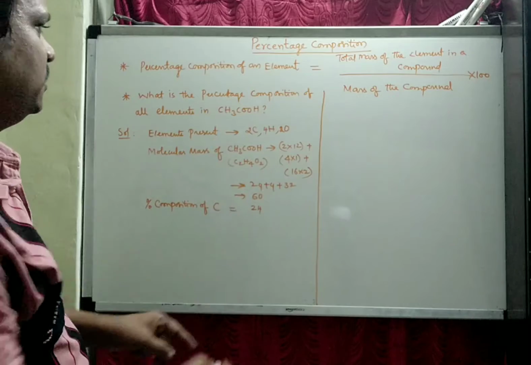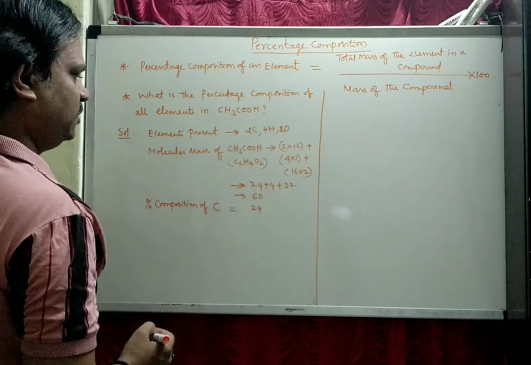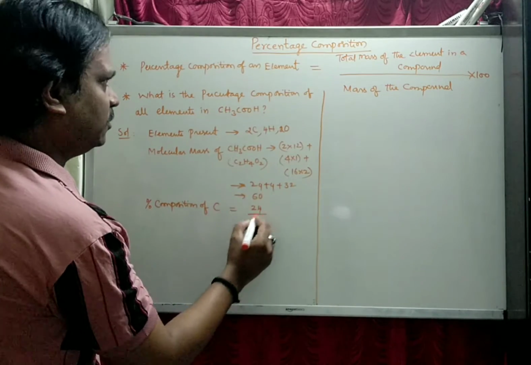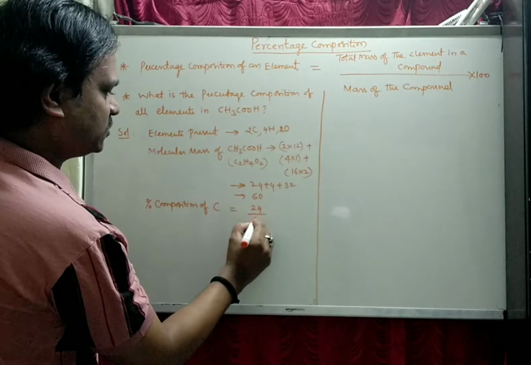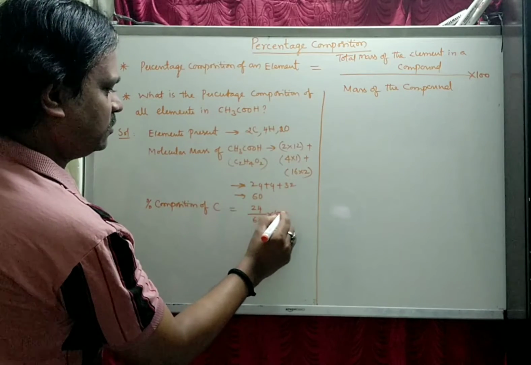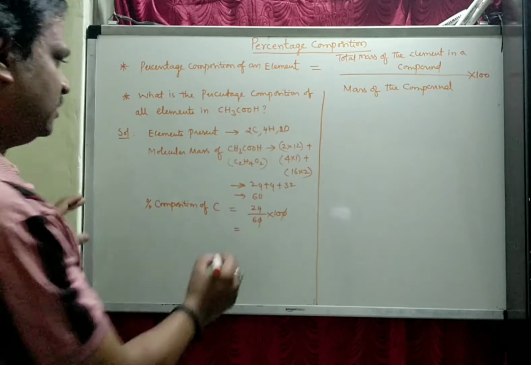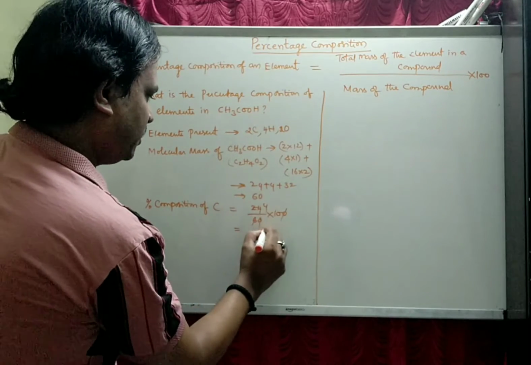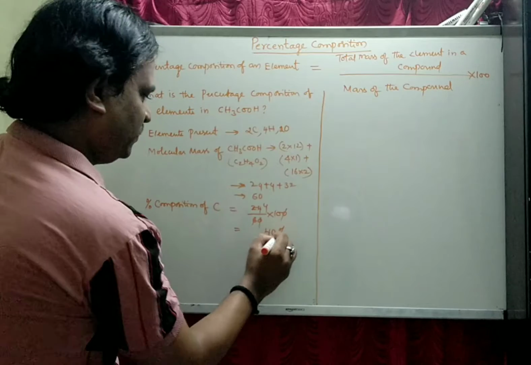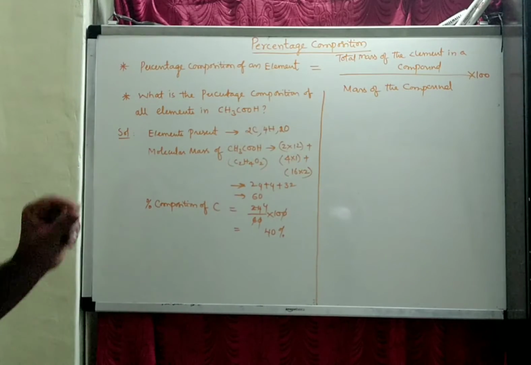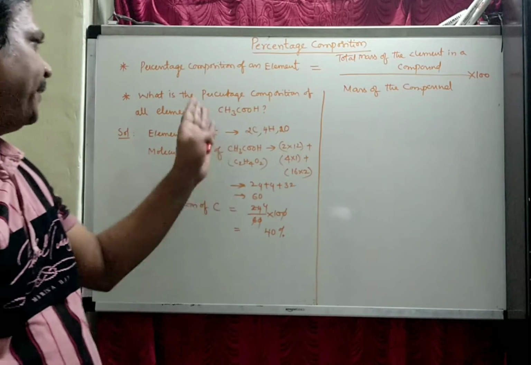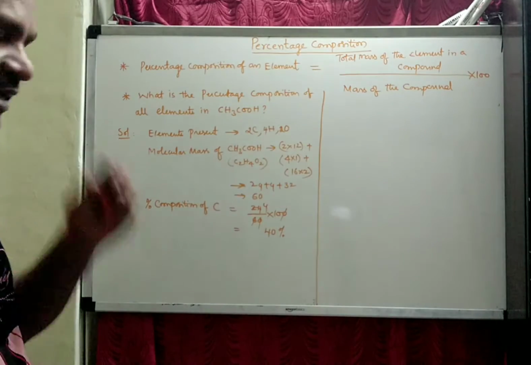This is the total mass of the carbon, divided by the mass of the compound, 60, into 100. If you do the calculation, you will get 40%. That is the percentage composition of carbon in acetic acid.